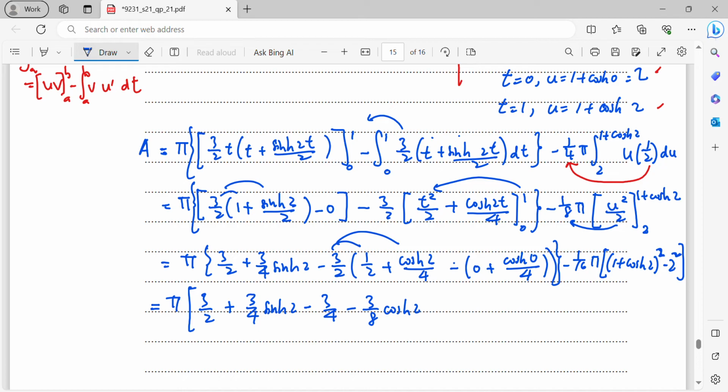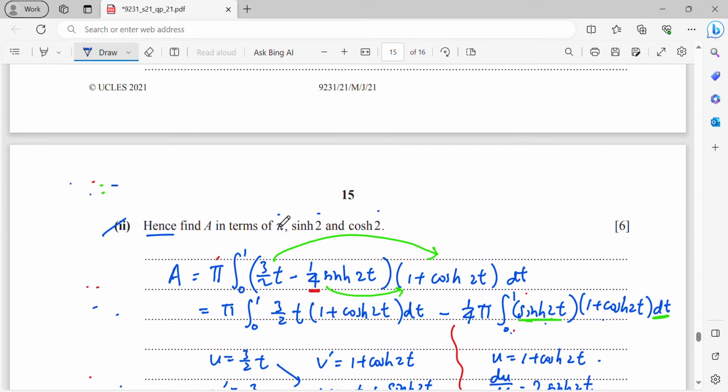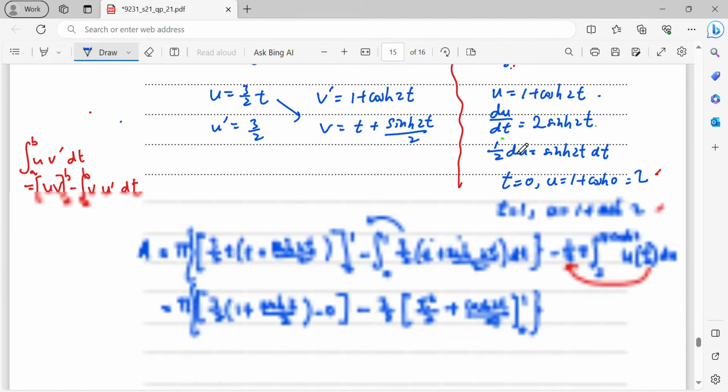Okay, the 0 no need to calculate. The minus here times in, this is another minus, so minus minus is a plus. I will get 3 over 8 cos 0, because here 4, here 2. Minus pi over 16, and I keep it in this form because the question says leave your answer in pi, sine 2, cos 2.